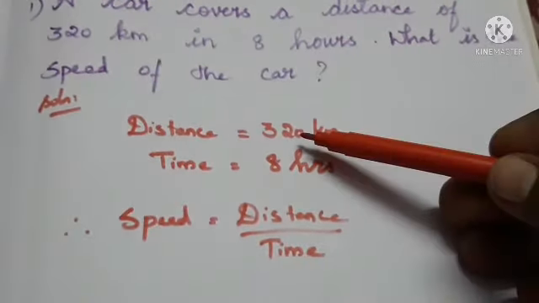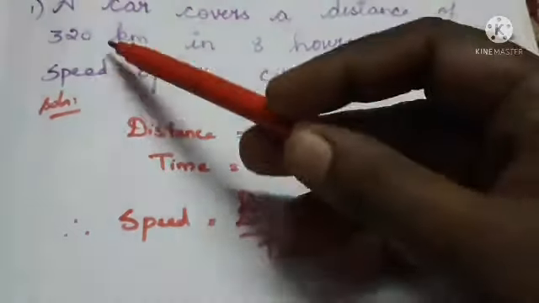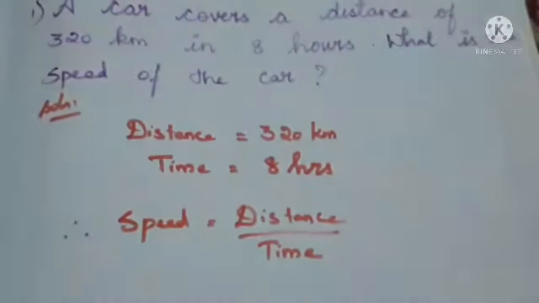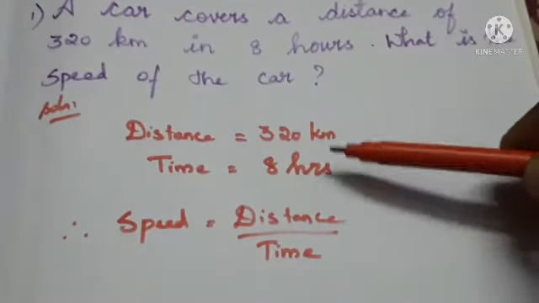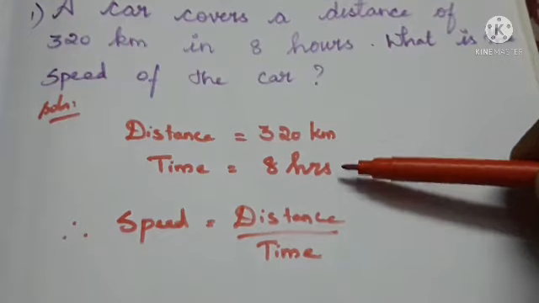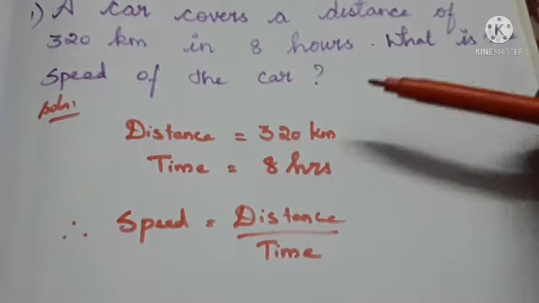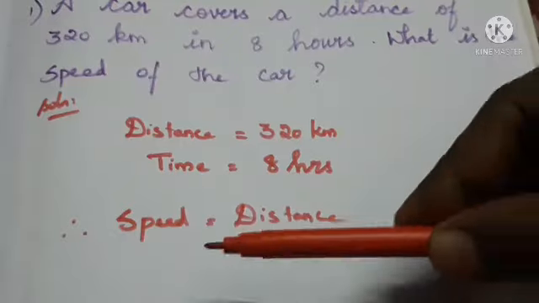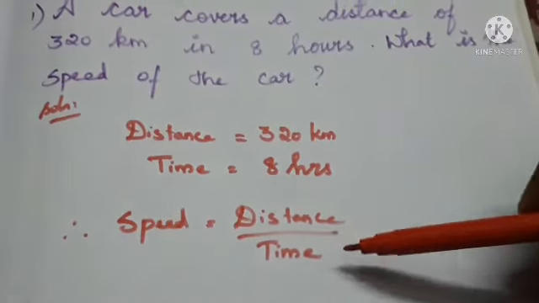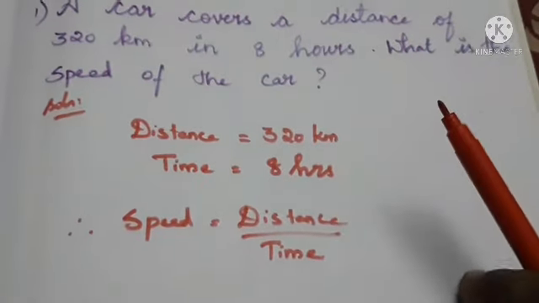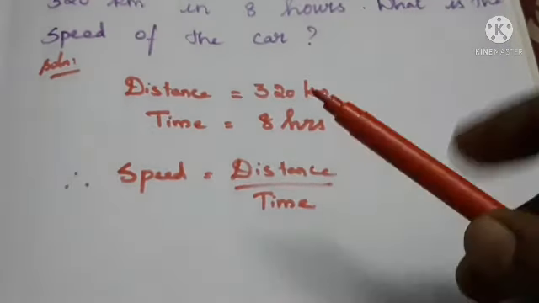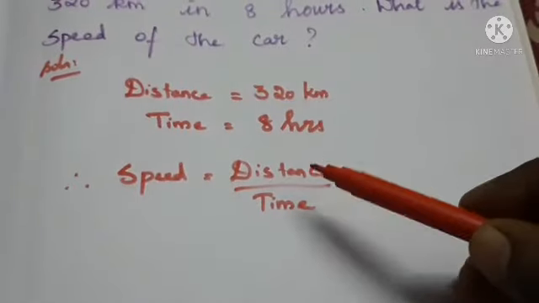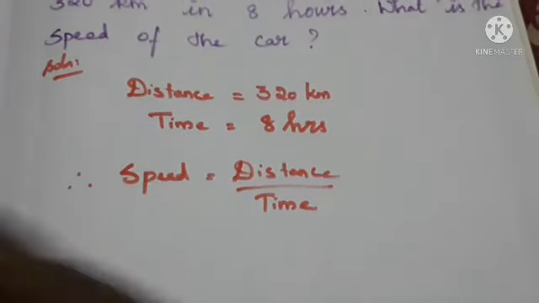Can you follow this? Distance is given as 320 kilometers and time is given as 8 hours. These two given things we write first. Then they asked us to find the speed of the car. We know the formula, speed is equal to distance by time, so we substitute the distance and time given in the question.